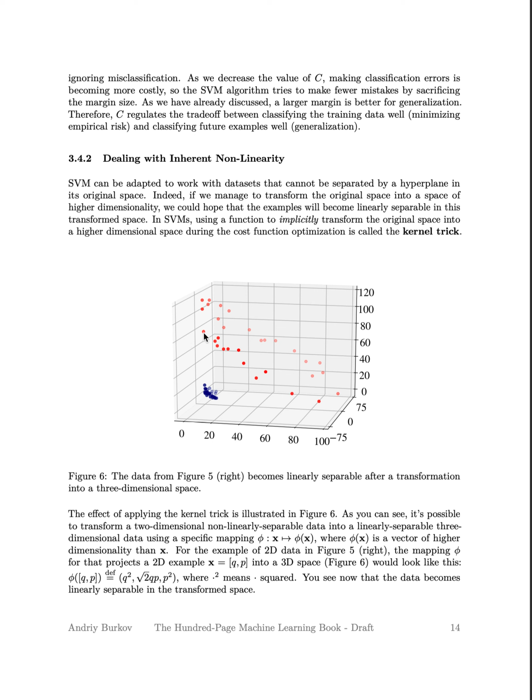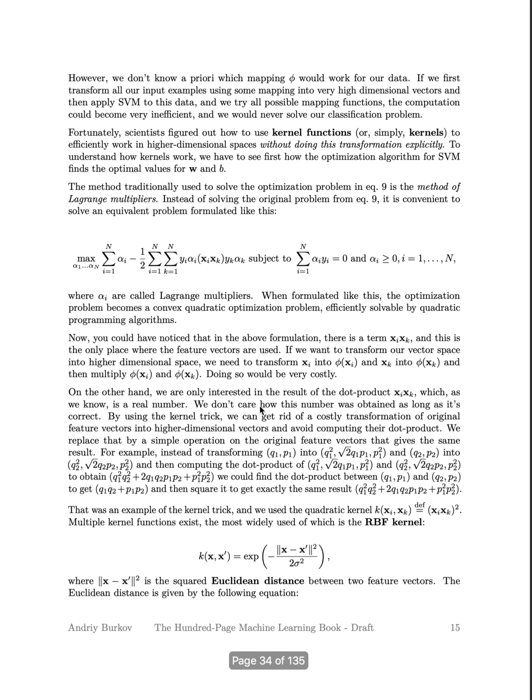These two lines will intersect and create a right angled triangle, and then by using the value of this line and this line we can calculate using Pythagoras theorem the distance between these two data points, and we can do the same for every data point. The Euclidean distance between this and this data point will be almost negligible because they're literally on the same point, but for others it will be higher.